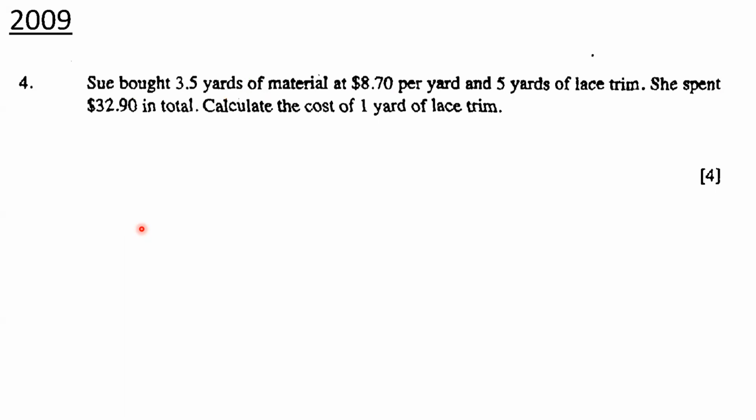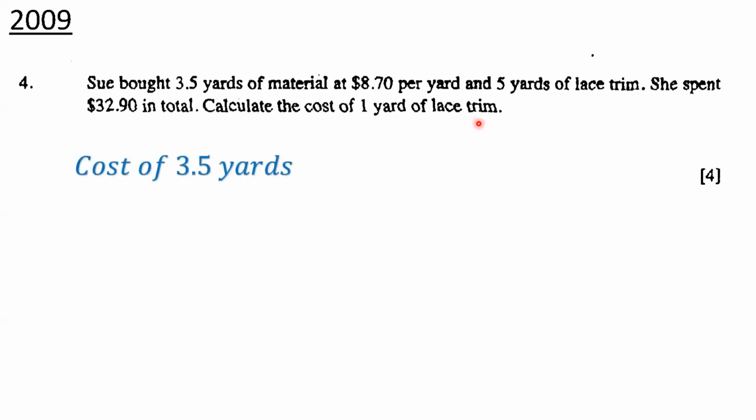Again, she bought 3.5 yards of material at $8.70 per yard, and 5 yards of lace trim. She spent $32.90 in total. Calculate the cost of 1 yard of lace trim.